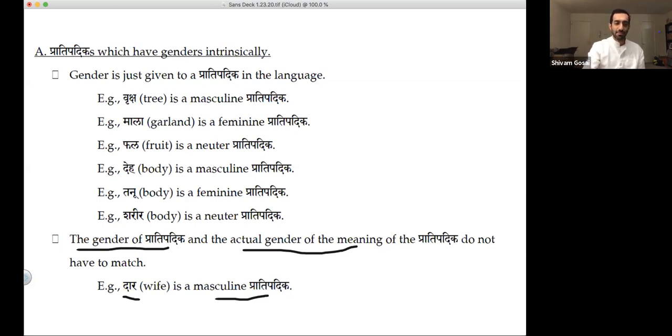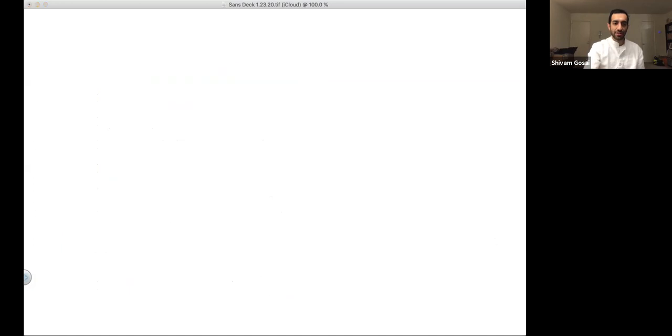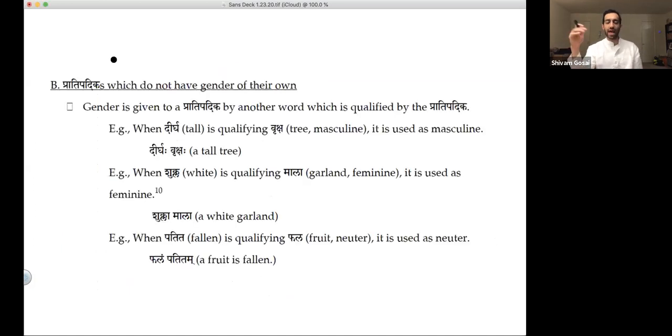Now the next type of how we get gender is that some words don't have a gender of their own. Then how do we know the gender of the word? I'm going to make this a little simpler than it is in the book.